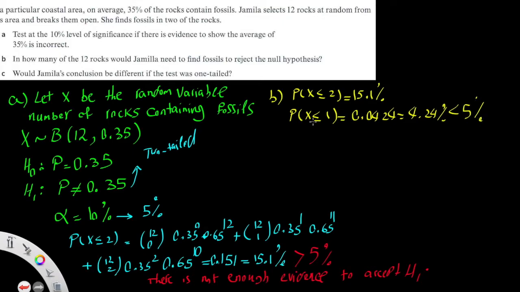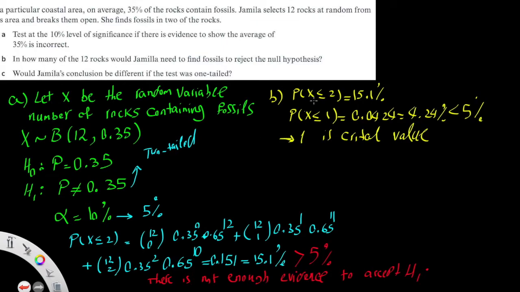It means that 1 is in the critical region, in the rejection region, and 2 is in the acceptance region. So as a result, 1 is the critical value. So if she finds 1 or less, then she can reject H0.